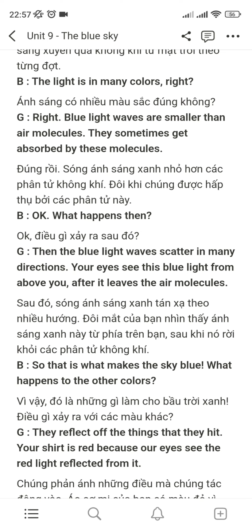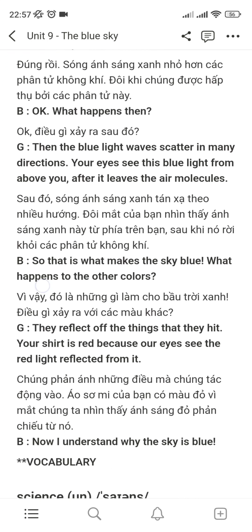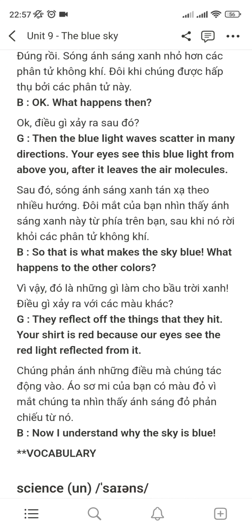Then the blue light waves scatter in many directions. Your eyes see this blue light from above you after it leaves the air molecules. So that is what makes the sky blue.